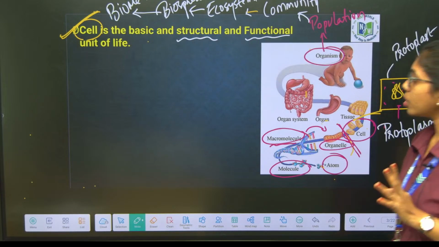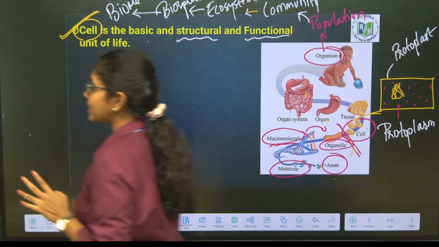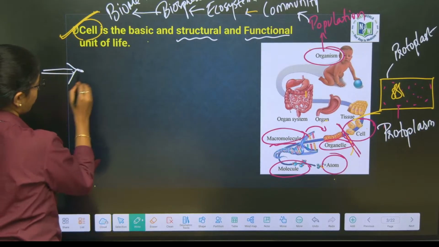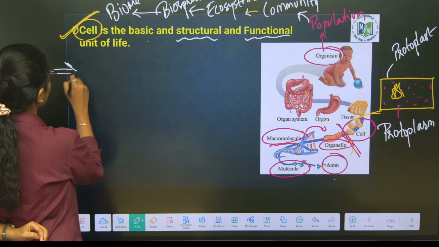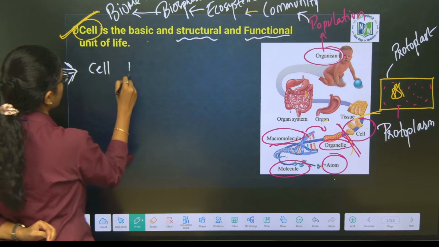Understood, right? So now we will be looking into the basic cell theory. Before that, cell discoveries.